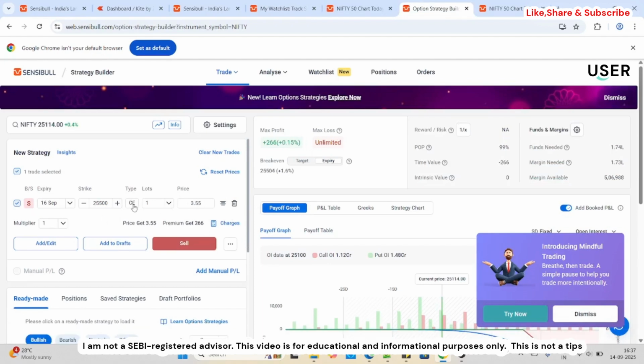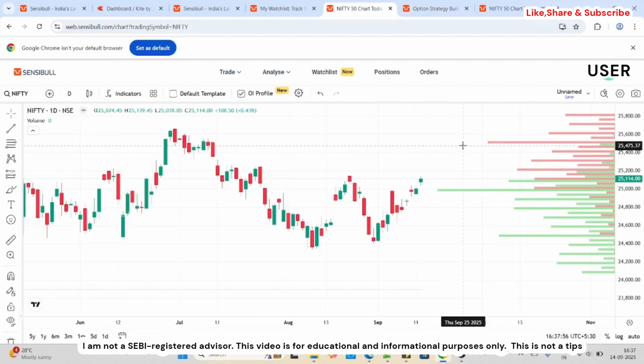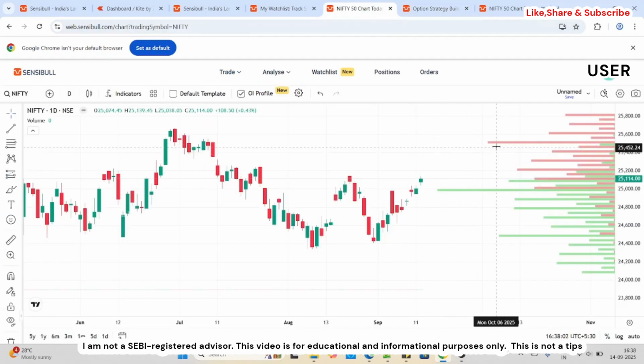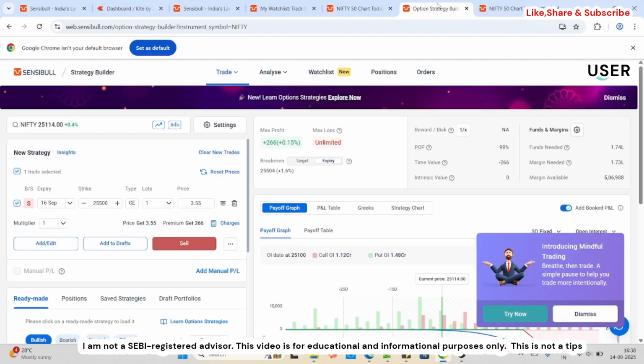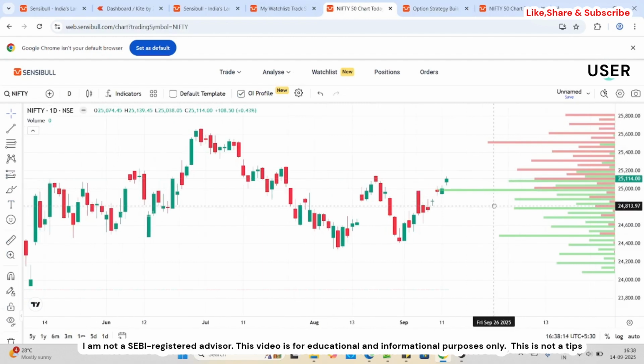To avoid confusion, I will delete. So here 25,500 CE is sell, that means Nifty is going down, they are telling that. So before expiry, if Nifty closes below 25,500, it will be in full profit. Okay, so this is very useful in order to take some decisions while trading.